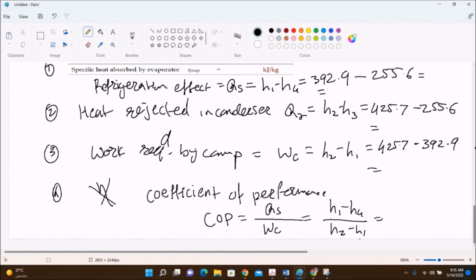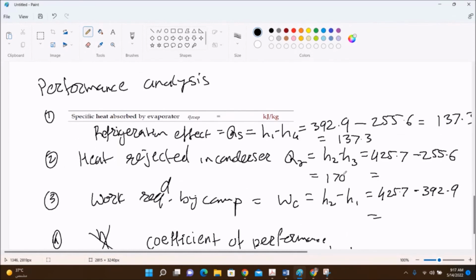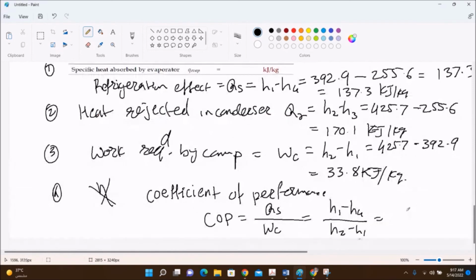So we have these values already. 170.1 and write the unit, kilojoules per kilogram, and this is 33.8. Okay, so I have the values and I will plot them here.